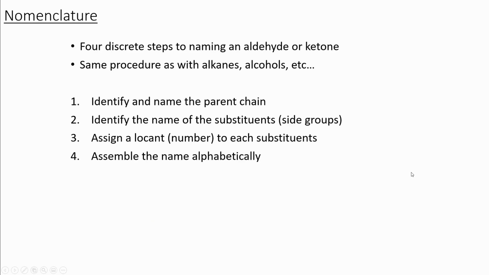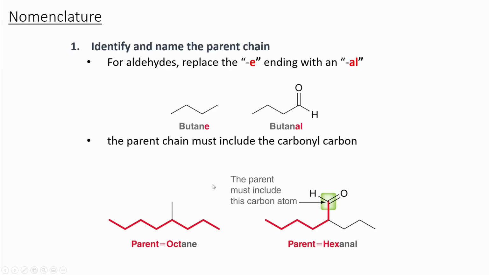Just like we begin every single functional group sequence, we're going to start with naming. We're going to go through our naming procedure similar to alkanes and alcohols. We begin by naming the parent chain, then we identify and name the substituents, then we assign our numbers and assemble them alphabetically.